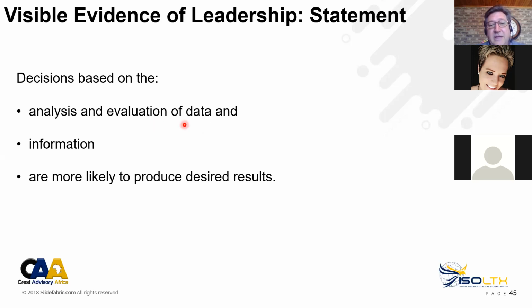So we're looking at scientific data, at information that is available, and the more likely to produce a desired result. Now, a desired result is actually an outcome. That is the definition of an objective, if you're looking at ISO 31000, to actually reach your desired result.